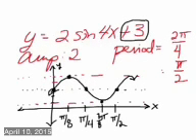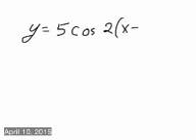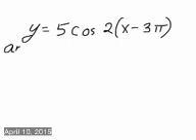Let me give you a cosine one. Y equals 5 times the cosine of 2x minus 3 pi. Ooh, this time it's inside. Hannah, do you know what the amp is? 5. Good job. Thank you.